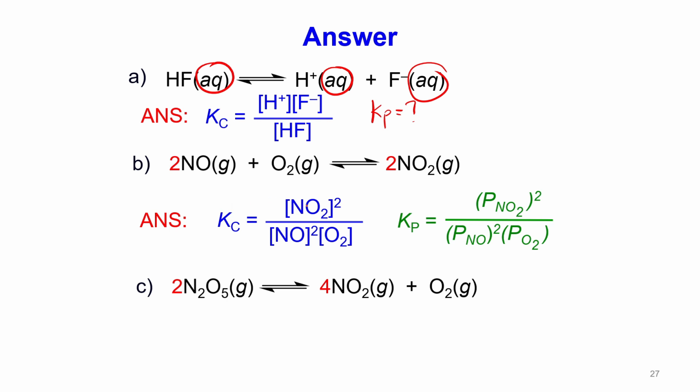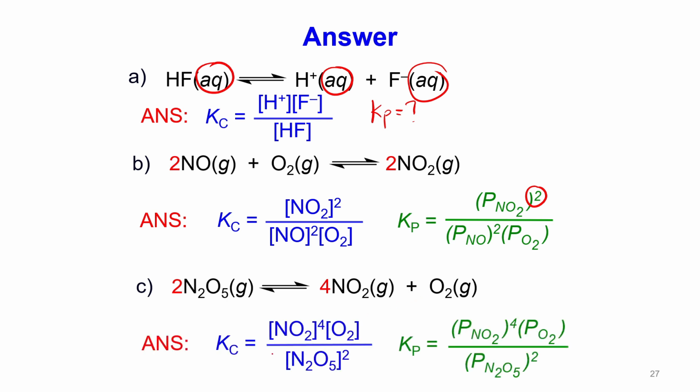Kita ada Kc, kita ada Kp. So untuk partial pressure, NO2 square, then partial pressure NO square, then partial pressure O2. So untuk Kc, concentration of NO2 square over NO square times O2. Then for C, 2N2O5 produce 4NO2 plus O2.